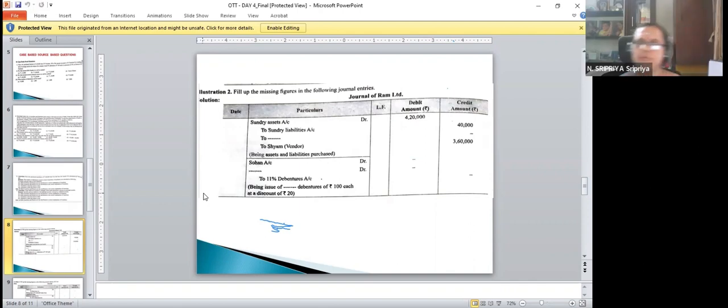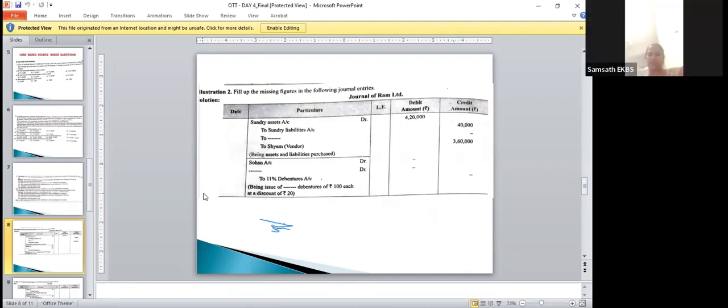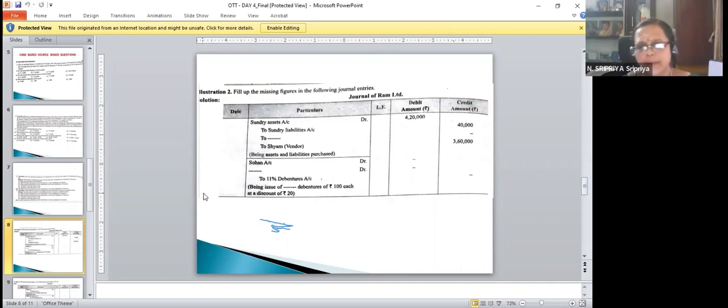So Shyam account debit 3,60,000. 4,500 into 20 is 90,000 rupees. So Shyam account debit 3,60,000, discount on issue of debentures account 90,000 to 11% debentures account 4,50,000.